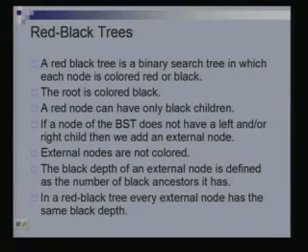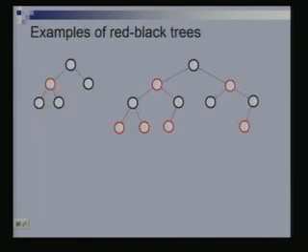The one key property of a red black tree is that every external node has the same black depth, and that we will also refer to as the black height of this tree. So, lots of definitions, but we will see what this means with a couple of examples.